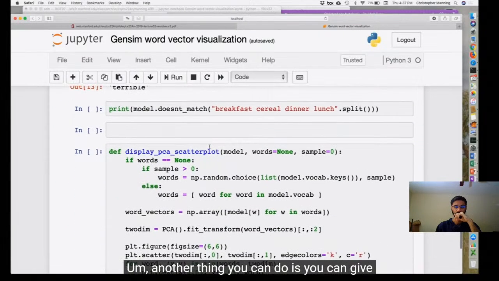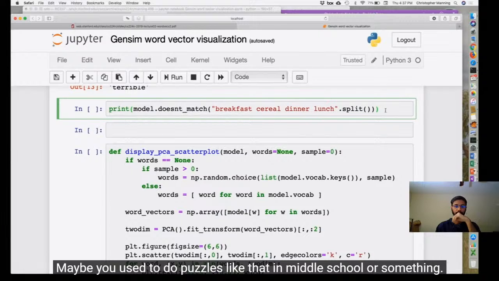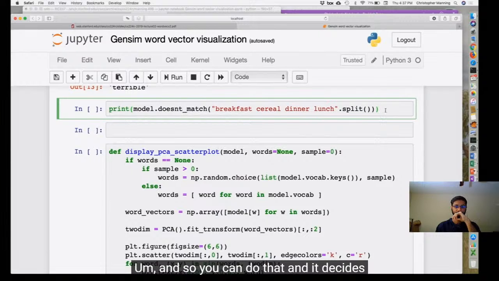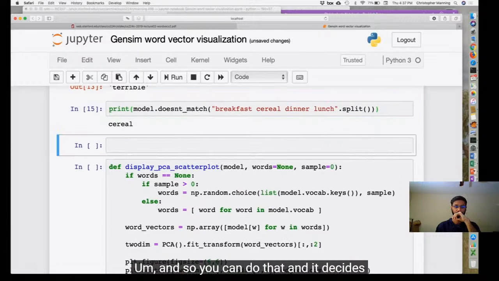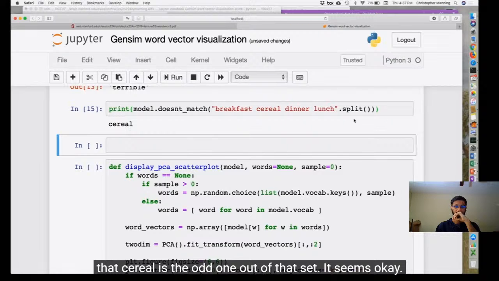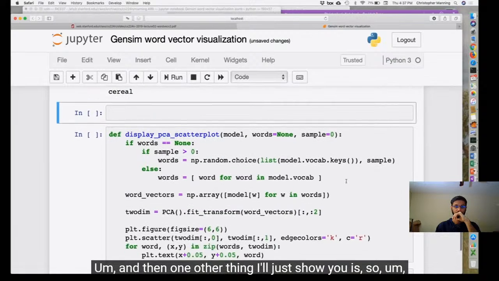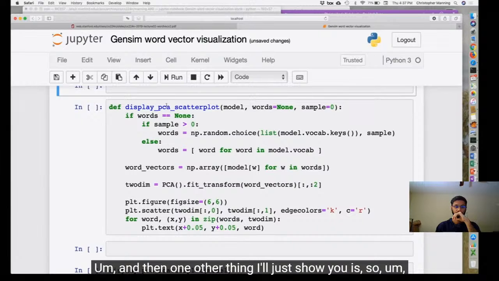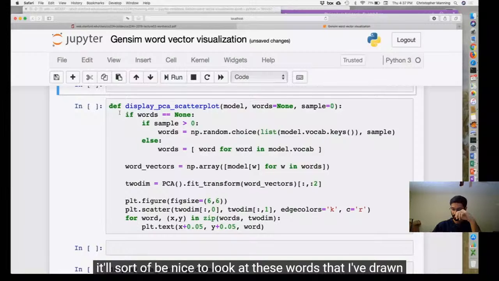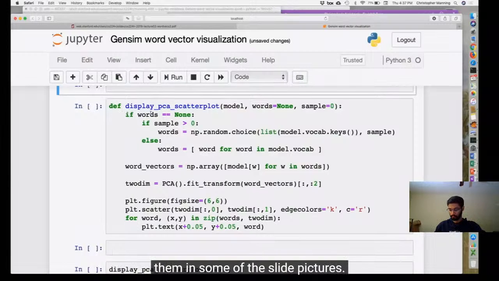Another thing you can do is give a set of words and say which is the odd one out. Maybe you used to do puzzles like that in middle school or something. And so you can do that, and it decides that cereal is the odd one out of that set. Seems okay. And then one other thing I'll just show you is, it'd be nice to look at these words as I've drawn them in some of the slide pictures.